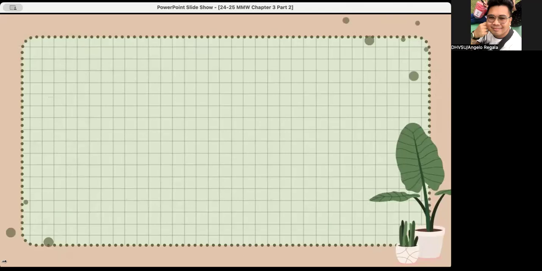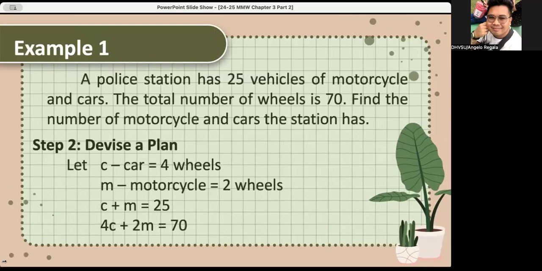Then you carry out the plan. So you devise a plan wherein you use variables. You label C for cars, which have four wheels, and M for motorcycles, which have two wheels. Then we all know that the sum of the cars and motorcycles is 25. That's why we have C plus M equals 25.